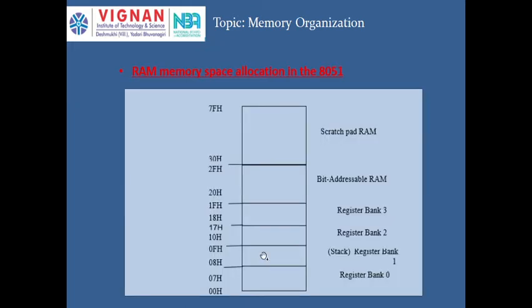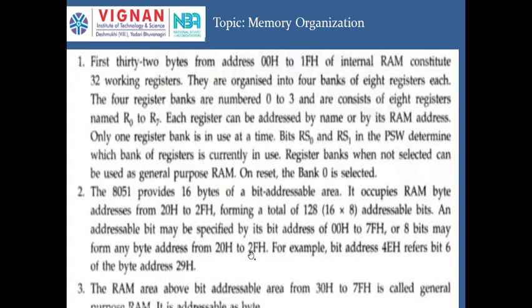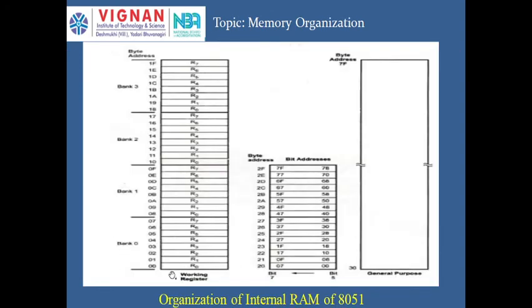First we will see the addresses. 00 is for R0 of bank 0, and so on up to 1F, where R7 of bank 3 is addressed as 1FH. The address of R5 of bank 1 is 0DH. Each register can be addressed by its name, that is R3 of register bank 2, or by its RAM address, that is 13H.